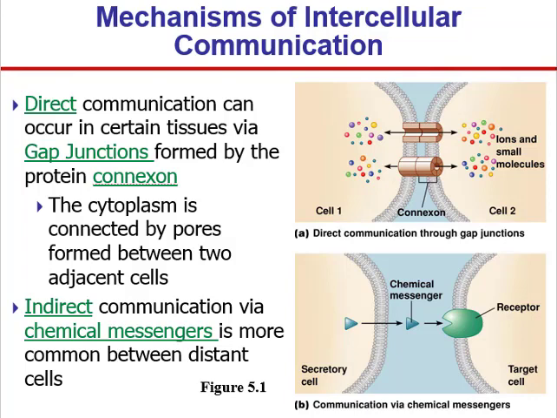So that's the case when the cells are a little farther apart and they're not directly touching each other, like what's shown here in Panel B. This is called intercellular signaling, and communication within a cell is called intracellular signaling. When you think of the Latin root on these prefixes, inter meaning between, like an interstate allows you to travel between states. Intra means inside, like an intravenous fluid or an IV.